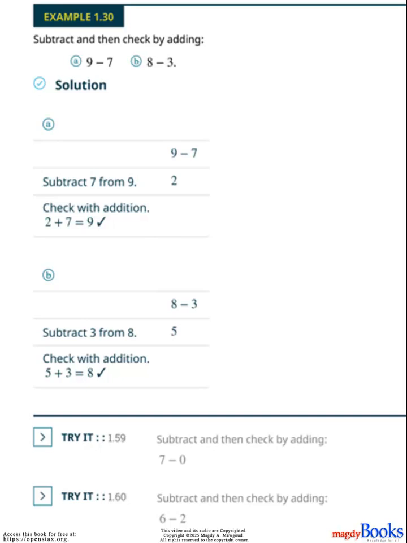Check with addition. 2 plus 7 equals 9. Check mark. B. 8 minus 3. Subtract 3 from 8. 5. Check with addition. 5 plus 3 equals 8. Check mark.